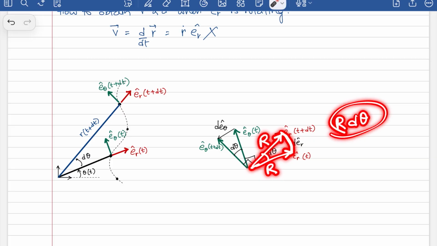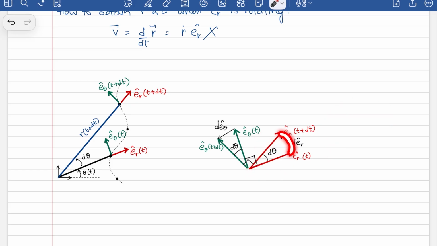So the arc length would be r d theta. But this r is equal to 1, so the magnitude of this arc would be d theta. And for an infinitesimally small change, that arc can be approximated to be this distance over here. So this is going to be the magnitude of de_r hat.